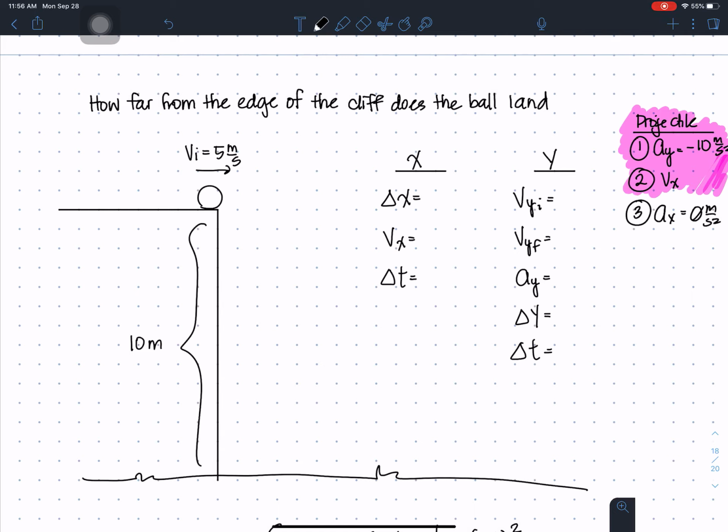A zero acceleration in the x direction also helps us to derive our kinematic equations for two dimensions. So let's take a break from this problem for a moment and talk about what toolbox or what tools we use in order to solve these two-dimensional kinematic problems.